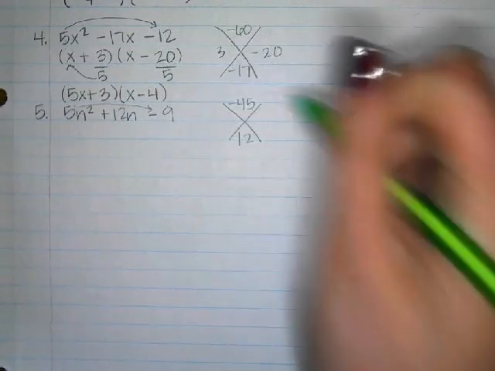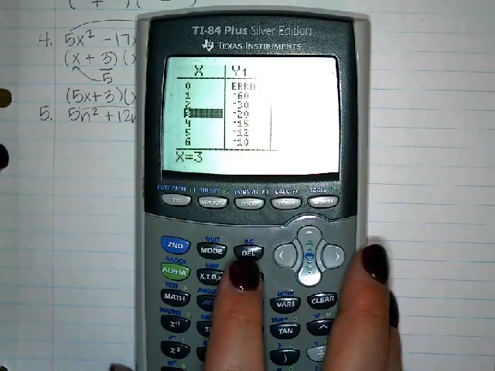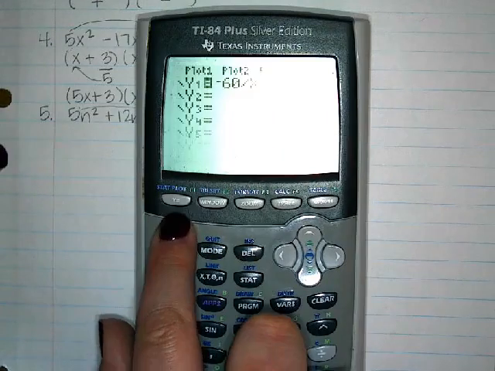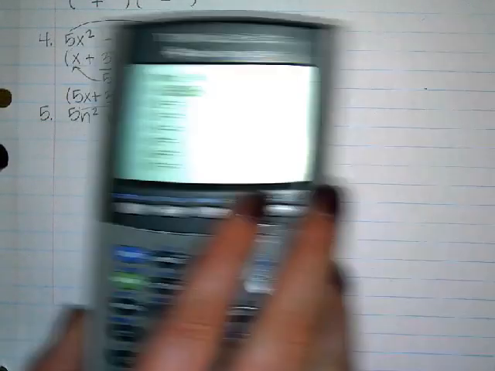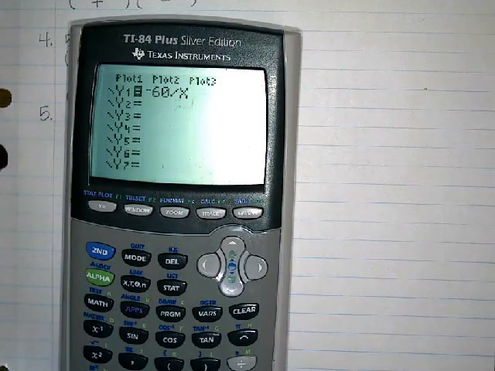If multiplication is not our strong suit, then we're going to go to our y equals screen and look for numbers that multiply to -45 by typing in -45 divided by x.